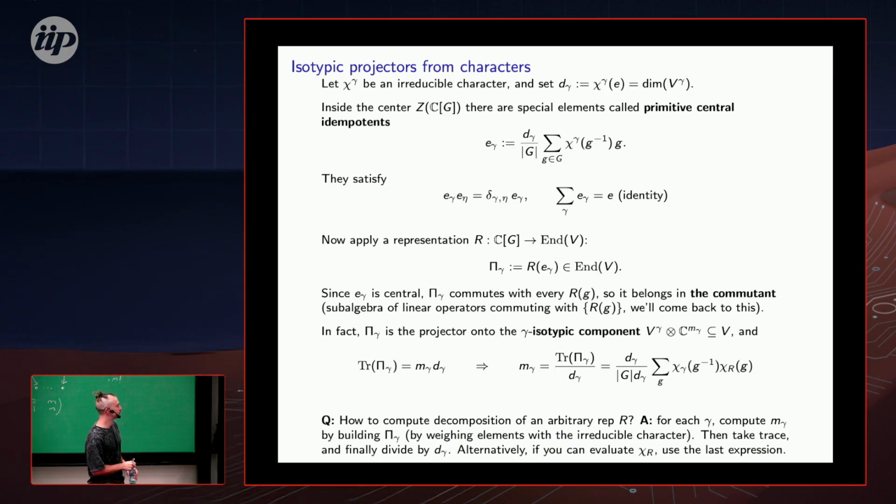How do you compute the decomposition of an arbitrary representation given access to the matrices, let's say? For each gamma, you can compute M gamma by building this pi, summing over the elements, weighing with the irreducible characters, taking the trace and dividing by D gamma. Or alternatively, if you can evaluate chi R, you can use the inner product.